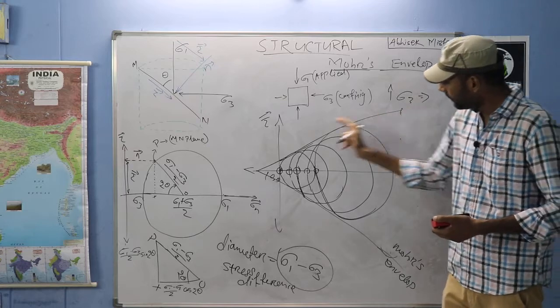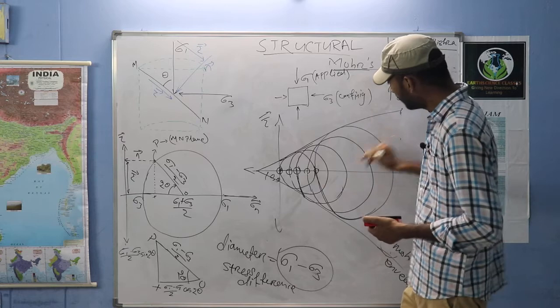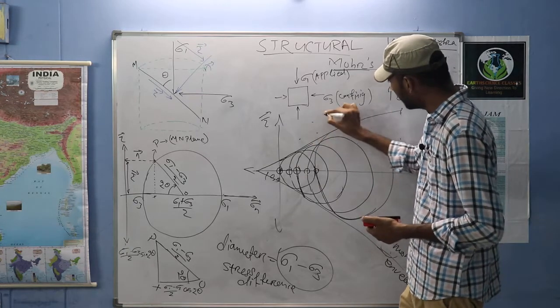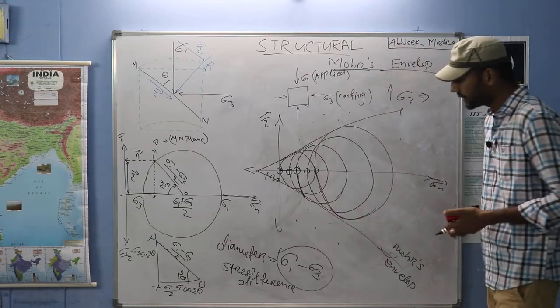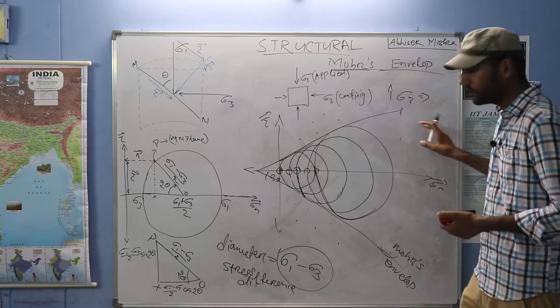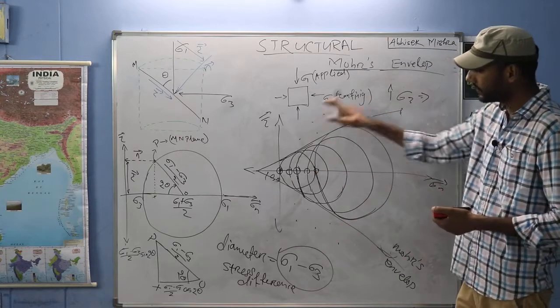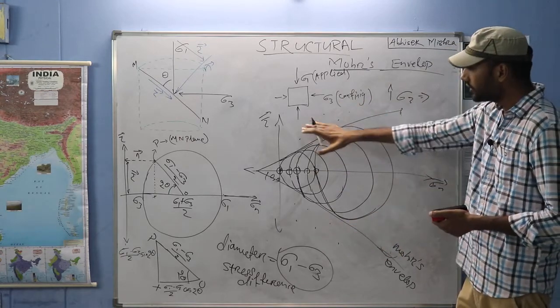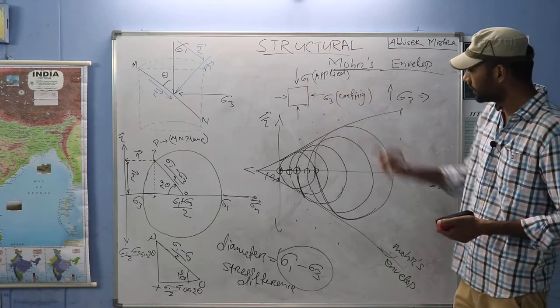That means any combination of sigma 1 and sigma 3 beyond this envelope, if I plot a circle which is beyond this envelope or beyond this tangent plane, that will show you the breakdown, the rupture of the material.